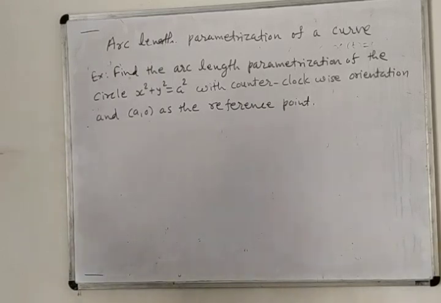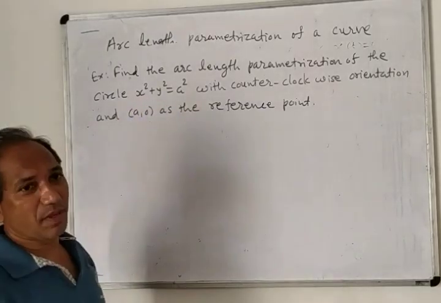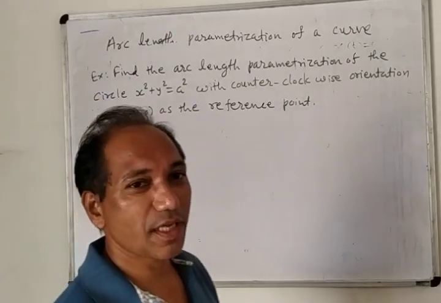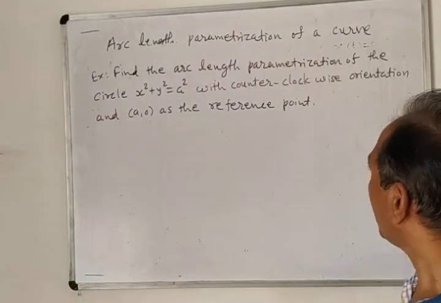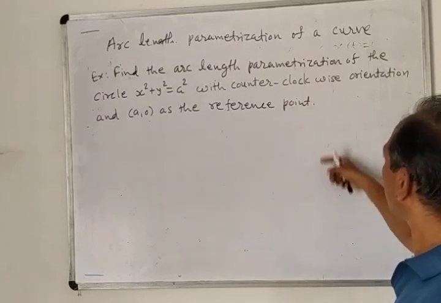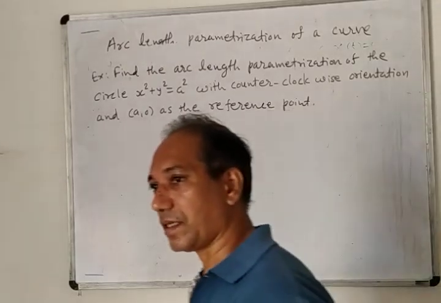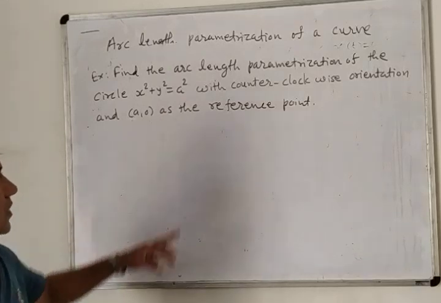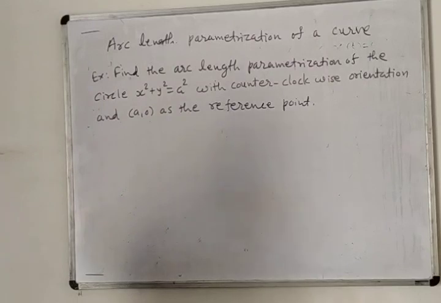Here we are given the curve in the form x square plus y square equal to a square. This is the equation of the circle, and we want the counterclockwise orientation, that means in this direction. And here the reference point is given, that means it is the starting point, with this value of x and this value of y.